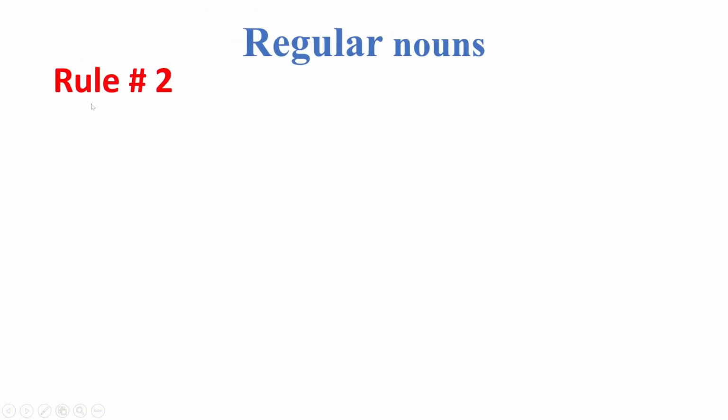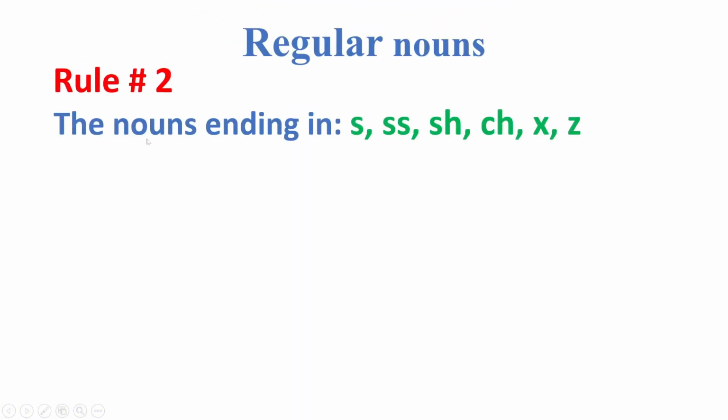Rule number 2. The nouns ending in s, ss, sh, ch, x, or z, add es to make it plural. It means if a noun ends in one of these letters, you need to add es to make it plural. Like these examples. Bus, buses.